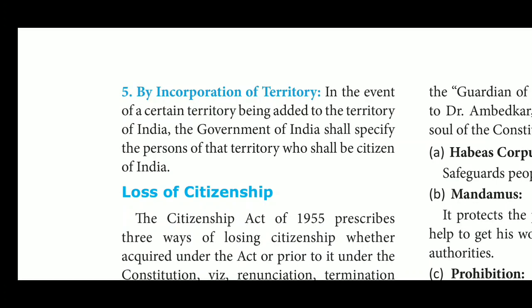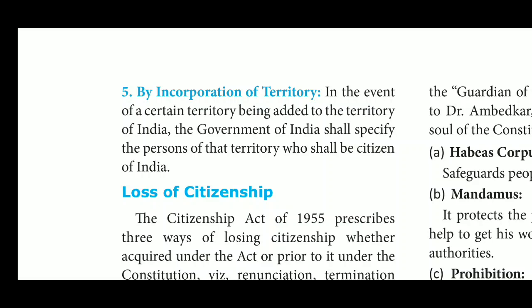If any territory becomes a part of India, the central government may, by order notified in the Official Gazette, specify the persons who shall be citizens of India by reason of their connection with that territory, and those persons shall be citizens of India from the date to be specified in the order.